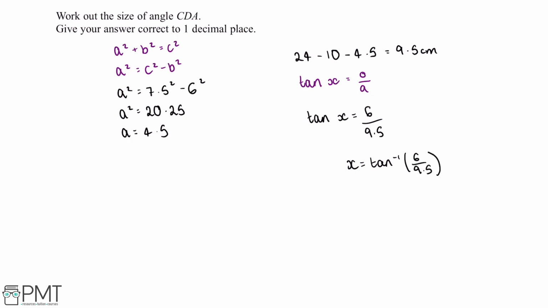And if we put this into our calculator, this tells us that x is equal to 32.2756 and so on. Now this question wants us to give our answer correct to one decimal place. So 32.2756 to one decimal place gives us a value of x, which is 32.3 degrees.